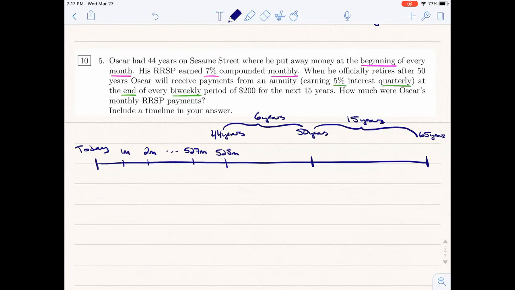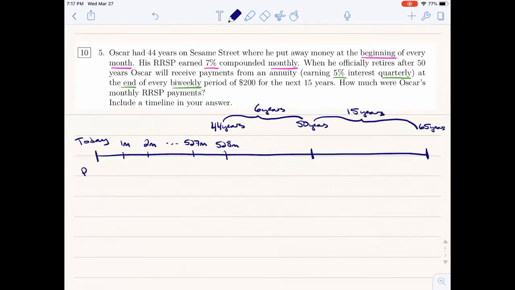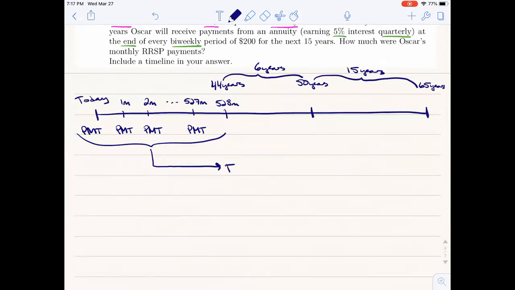That's what we're trying to find. But we do know that they're at the beginning. So we've got a payment here today, a payment, and then the last payment is at the 527 mark. So a payment here. These are going to give us some future value, and because the payments are at the beginning, a future value due.